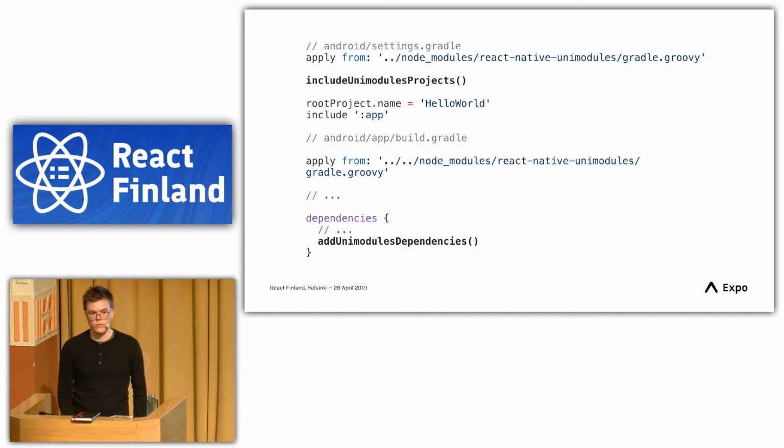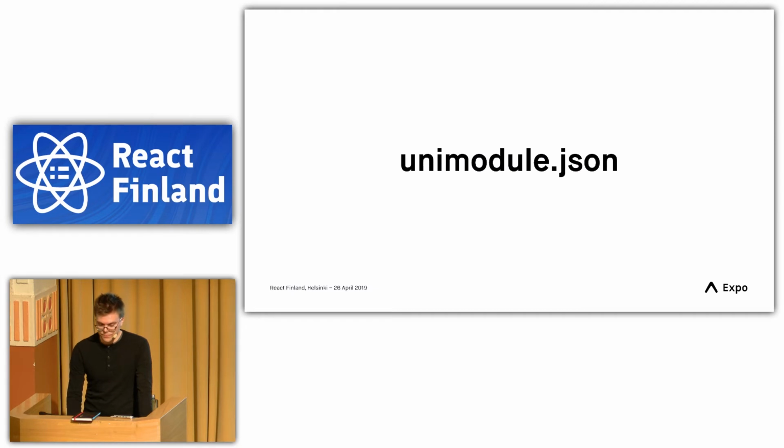So how does this magic work behind the scenes? What's inside those functions? So these functions just go through your node_modules folder and look for files named unimodule.json.